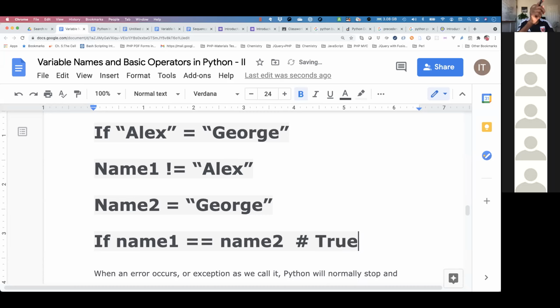Because name 1 does not actually contain Alex, but we are going to compare name 1 to name 2, which contains George. It's kind of like negating it. If we say Sophie is in Atlanta, and another Sophie in Georgia, and we say Sophie in Atlanta is not the same as Sophie in Georgia, is that right?